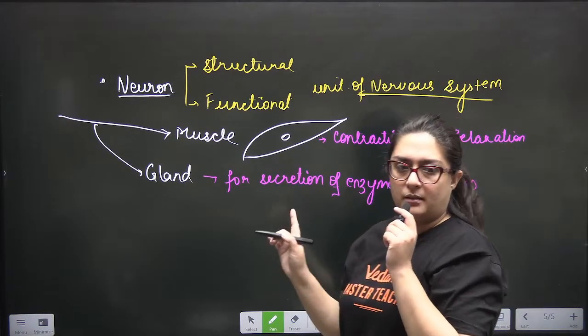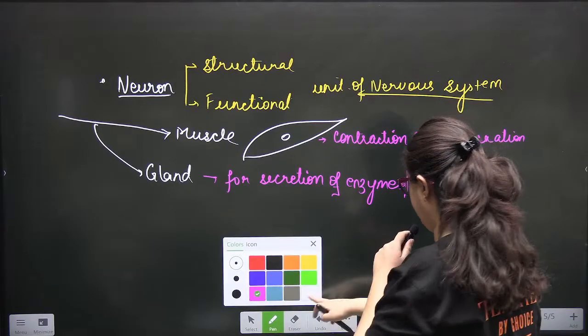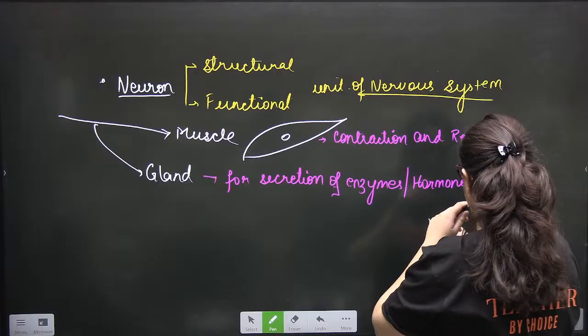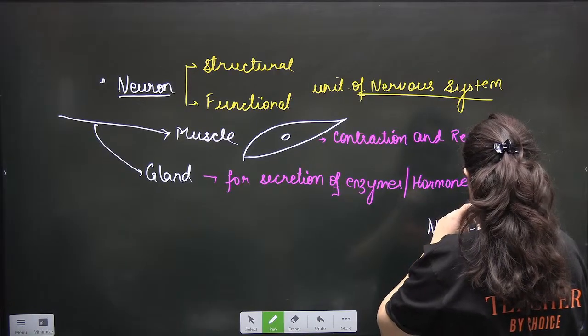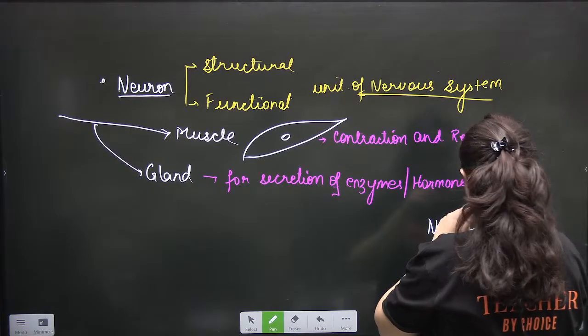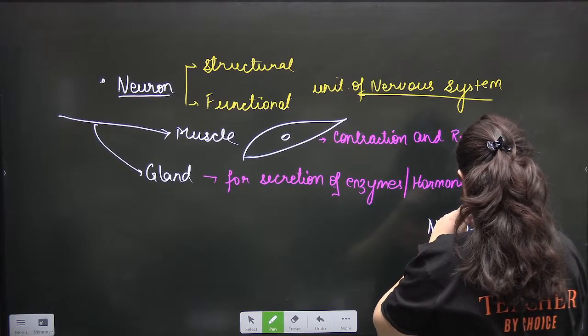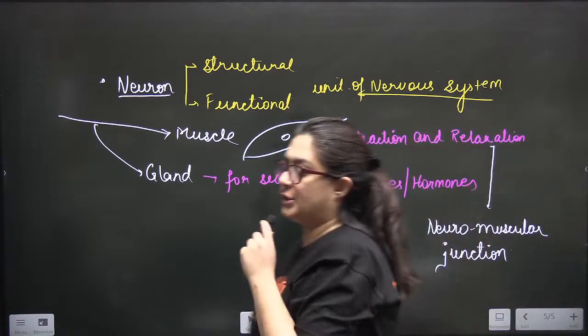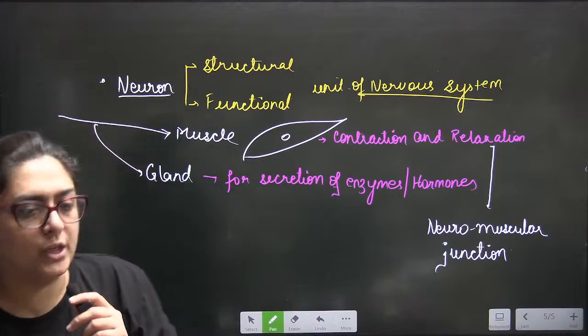Neuron with muscle forms a neuromuscular junction. Okay.